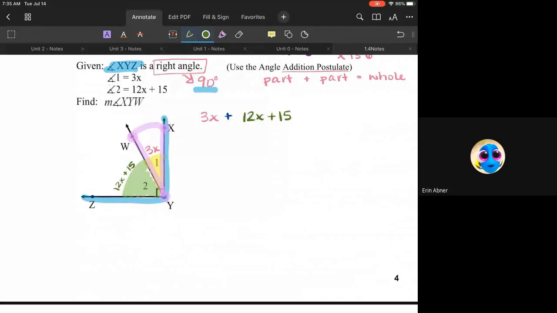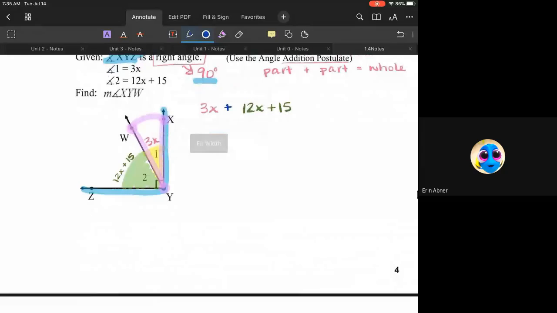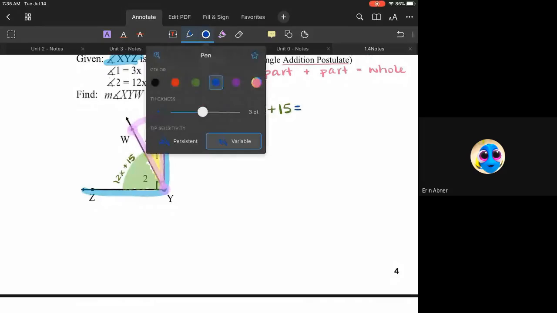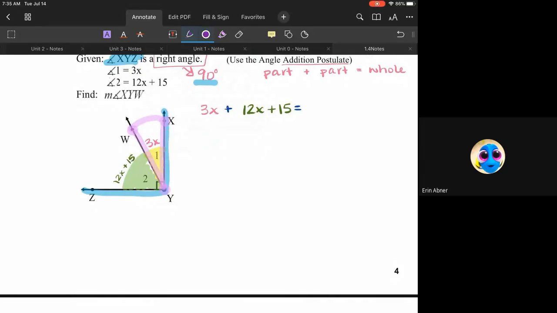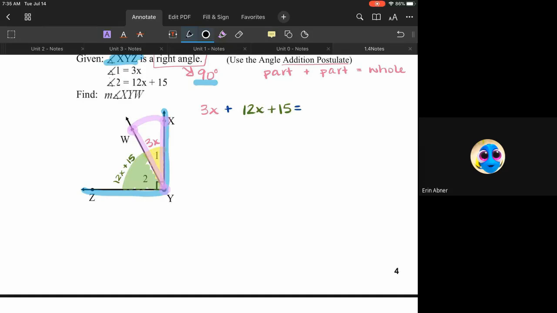And I'm going to set it equal to, well, what am I setting it equal to? Oh, look, that lovely 90 that they told me. Let's use a different color. Make it black. 90.